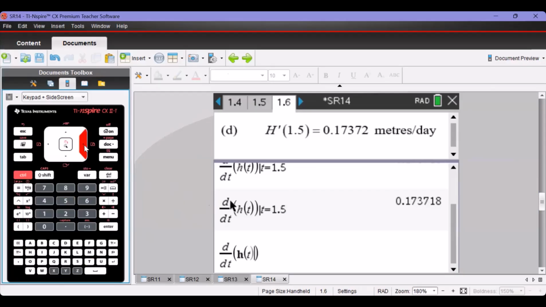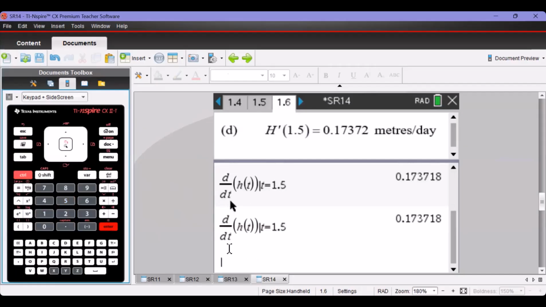Then you've got to press Control equals, navigation pad to the left to highlight the with or given symbol, and then type in t equals 1.5. Press enter. Okay, so there's the 2 ways of performing that.